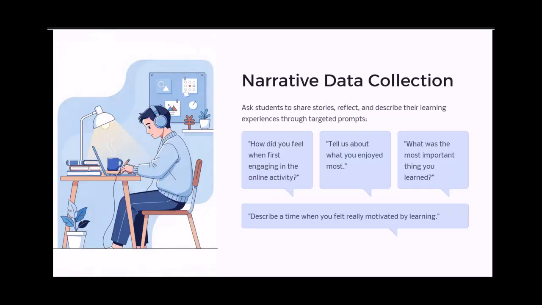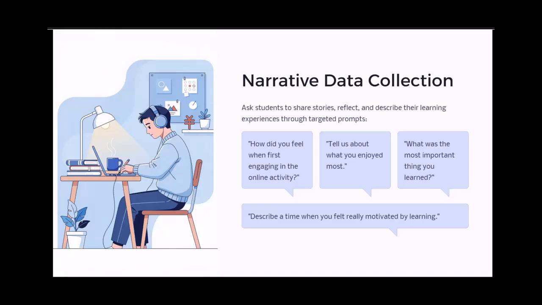A lovely way of also gathering qualitative data that we didn't really look at is through narrative data. This involves asking students to tell stories, reflect or write a narrative of feelings or emotions or transformative events. So these are good for the perceived impact elements or dimensions you want to measure. So how did you first feel when engaging in a digital learning activity? Tell us a little bit about what you enjoyed.